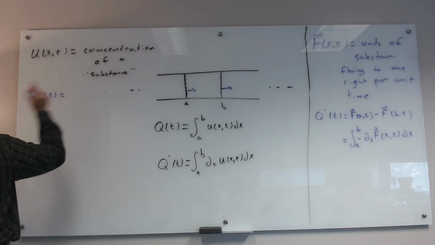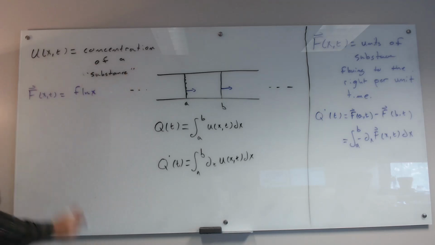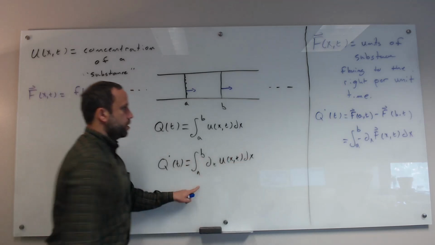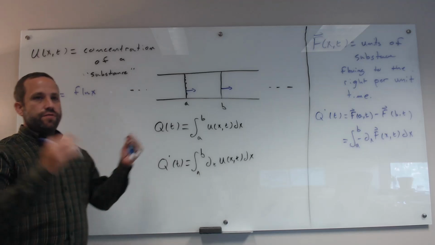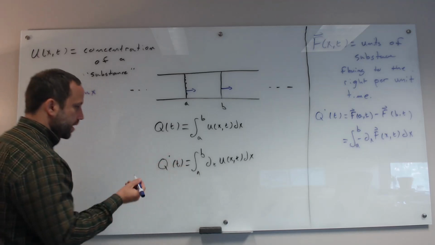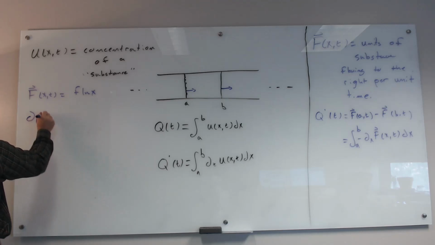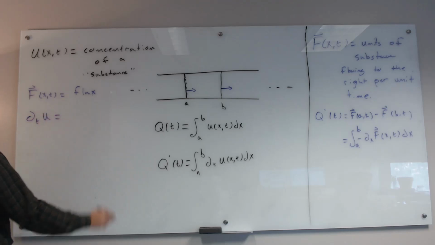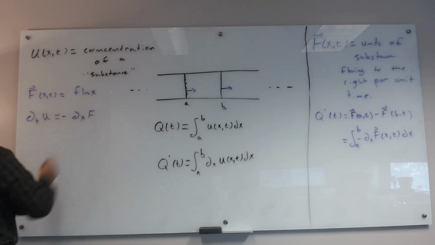I'm just going to call f the flux now, but these two integrals are equal. Q'(t) is equal to that, Q'(t) is equal to that. Just as we've seen before, A and B are arbitrary. So what this gets us is that the t derivative of u is equal to minus the x derivative of f.